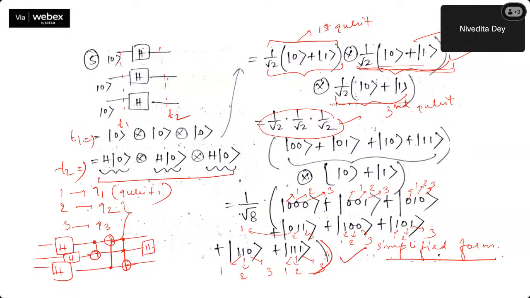Now on this again I have applied a Hadamard. Say there is another gate. Let me write it down for now: Z and control Z. Post that, another Toffoli. So likewise I can build up any random quantum circuit.